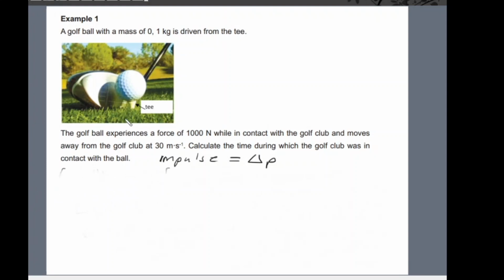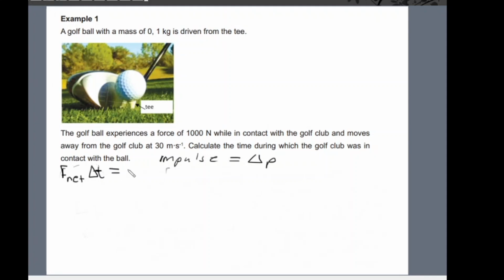So the impulse momentum theorem says impulse is equal to change in momentum. But then impulse is equal to F net times delta t: F net, the force being applied on the object, and delta t being the time for which the force is being applied.